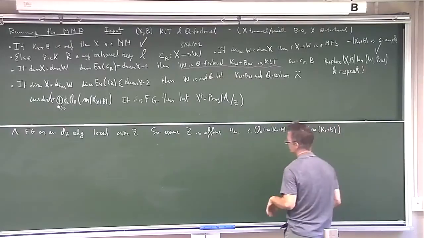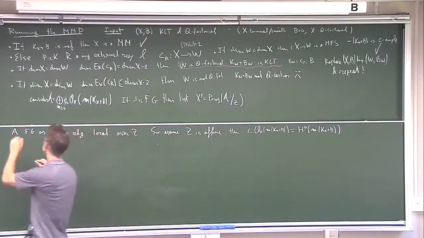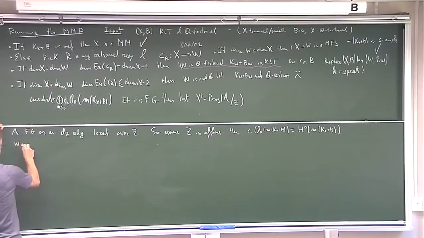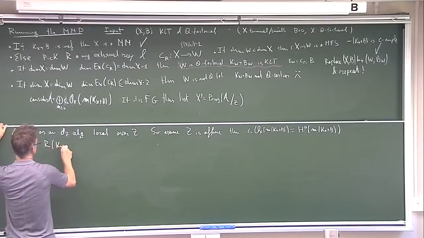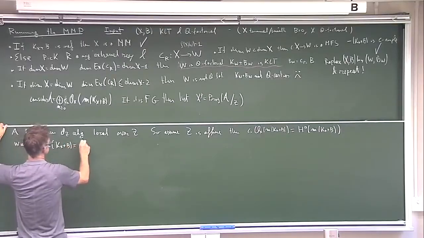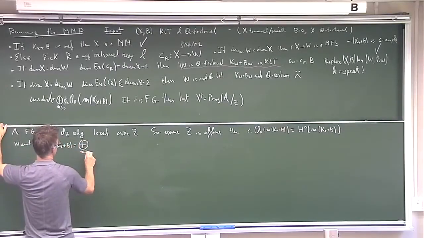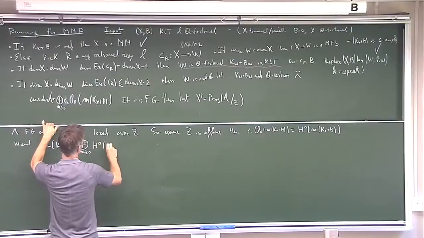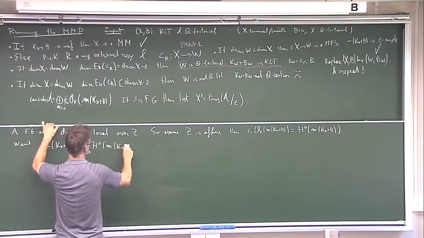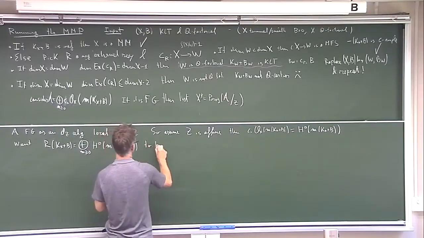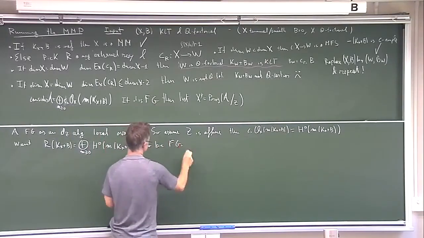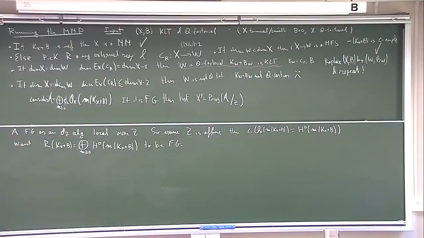And then what we're really asking is we want the ring corresponding to K_X + B, the direct sum for all m greater or equal to 0 of H^0(m(K_X + B)), to be finitely generated, right? So this is a local version of one of the original problems, the finite generation of the canonical ring.